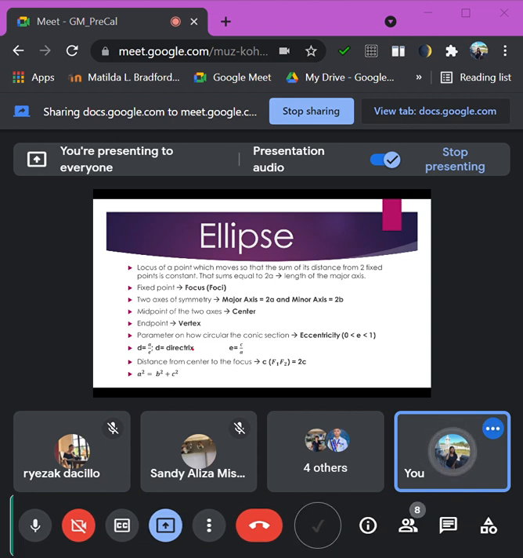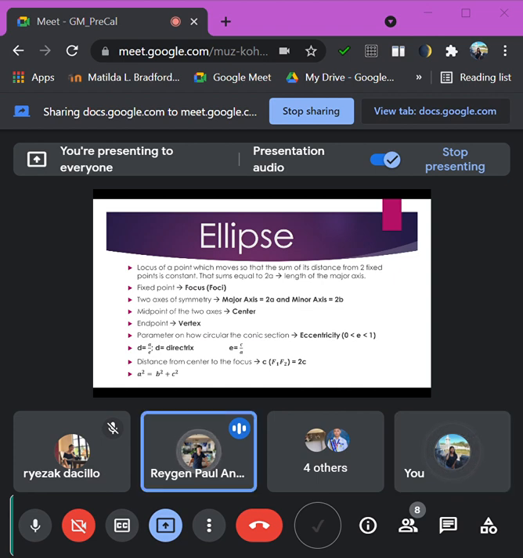So sa atong parabola, diba, asa gani na to makita ang directrix sa atong parabola? Asa gani na to makita, class? Katong likod sa line okay. Sa likod, gawas or sa sulod?